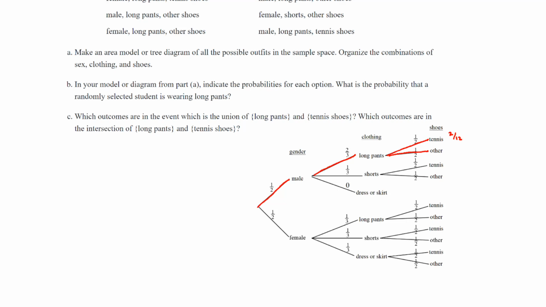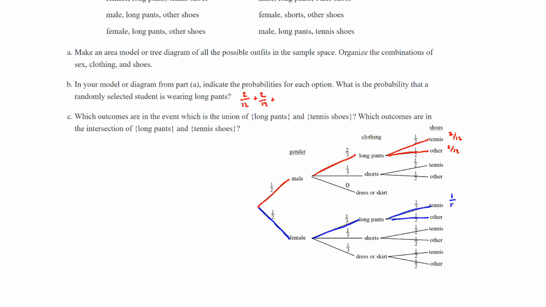And then on the male, long pants, and other, in terms of the tennis shoes, that would also be 2/12. So we have 2/12 plus 2/12. Now we're going to go ahead and do the female side. So female, 1/2. And then long pants is 1/3. And then once again, the tennis shoes and the other don't matter. So we have 1/2 times 1/3 times 1/2.